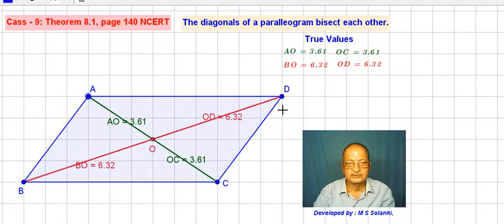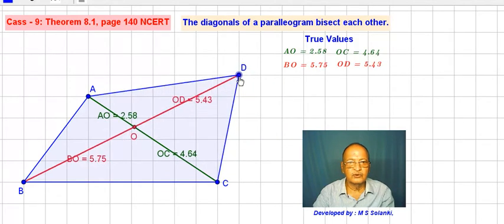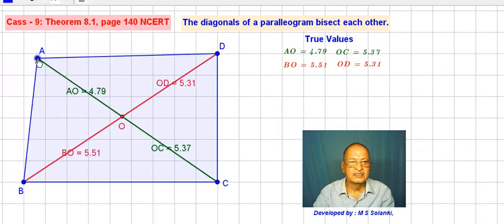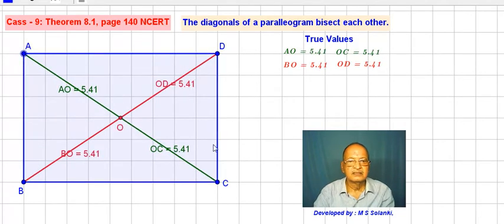So that was the third condition. The fourth condition we can make: this is a kind of rectangle. Opposite sides are equal and parallel.